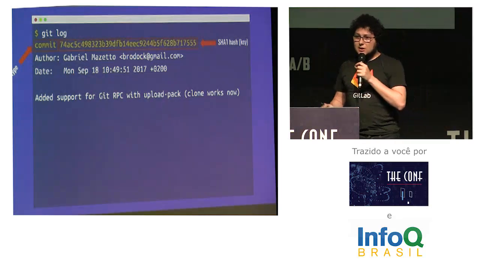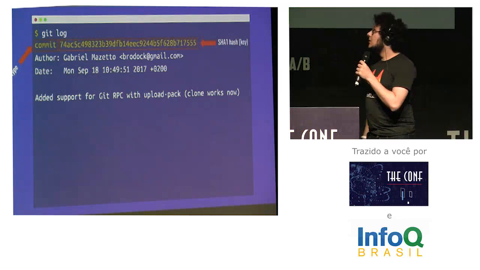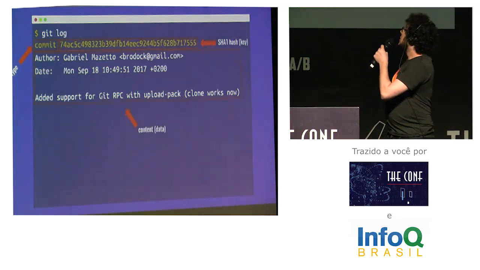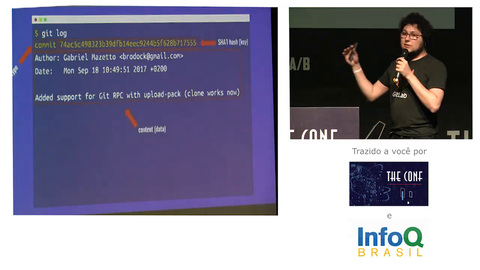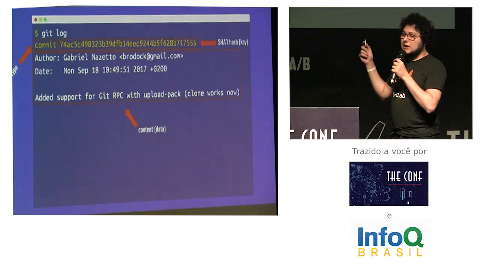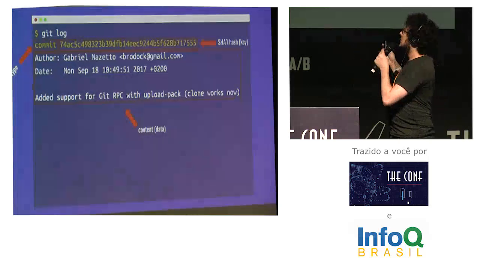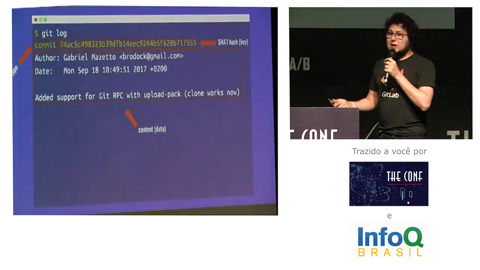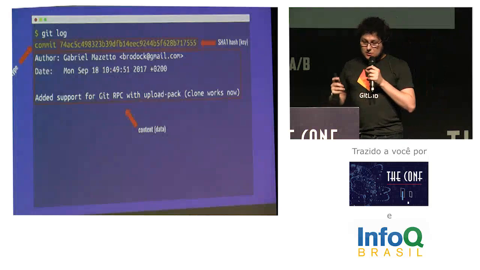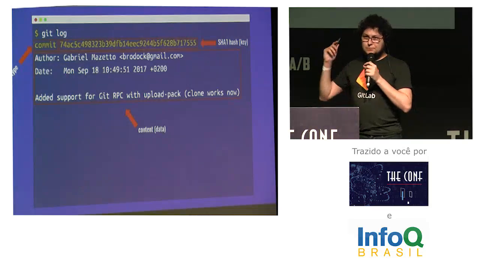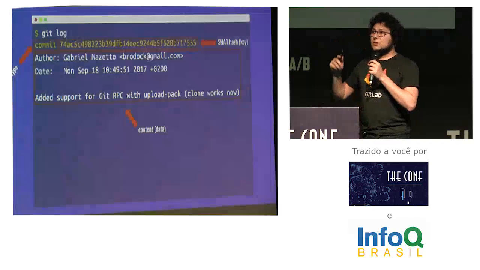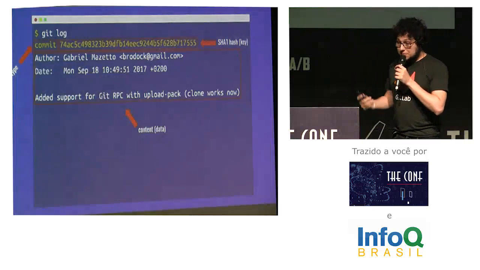It's a hash using SHA-1, and here you have the actual content of the database. So it's not really a key-value store because you have many other keys and multiple values. It's actually an acyclic graph data structure.